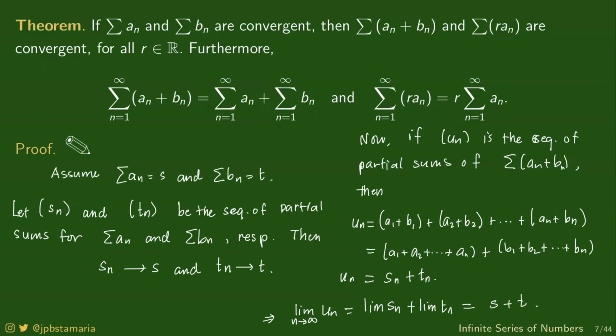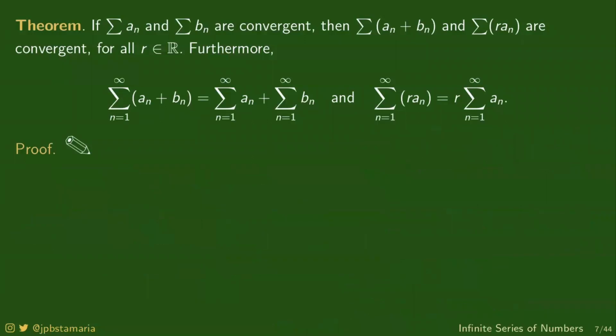So therefore, from here, what can we obtain? From here, we can say that the infinite series summation an plus bn is convergent and its sum is what?